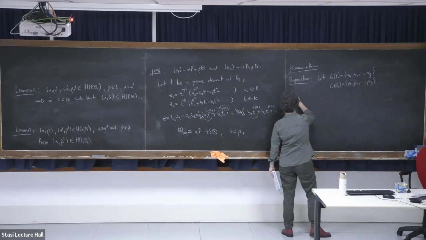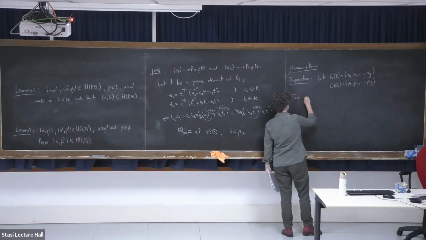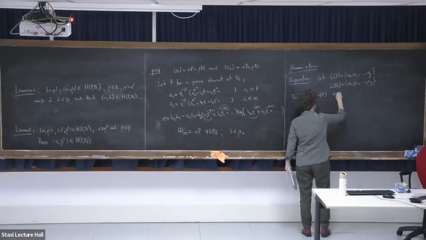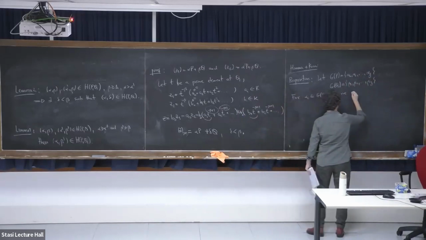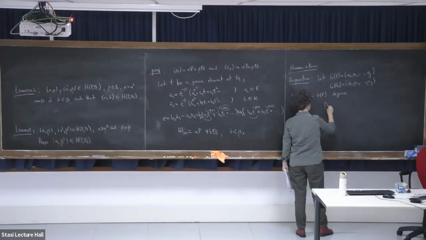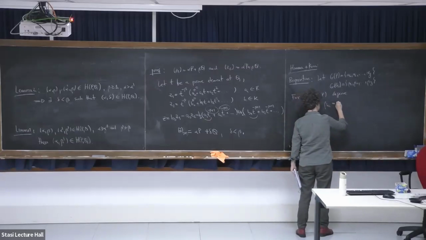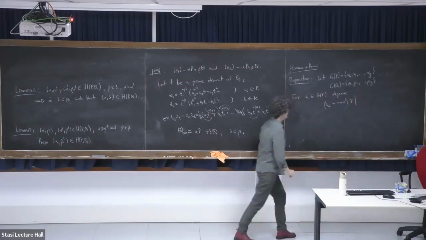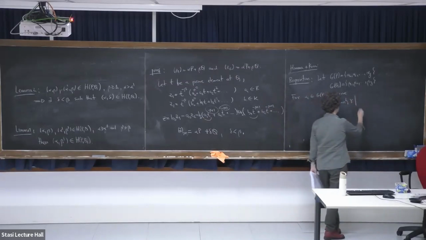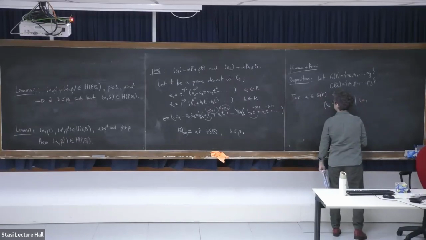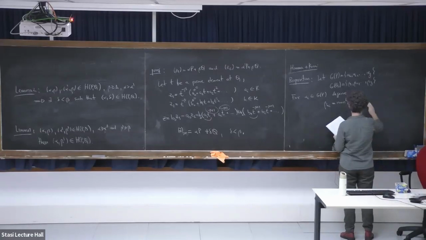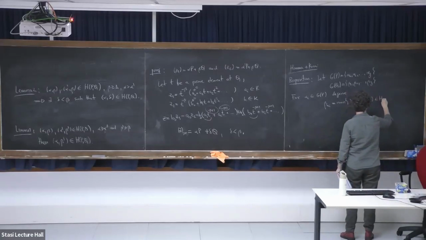So for each alpha i here, define beta index alpha i to be the minimum of the gammas such that the pair alpha i, gamma is in the Weierstrass semigroup at the two points.